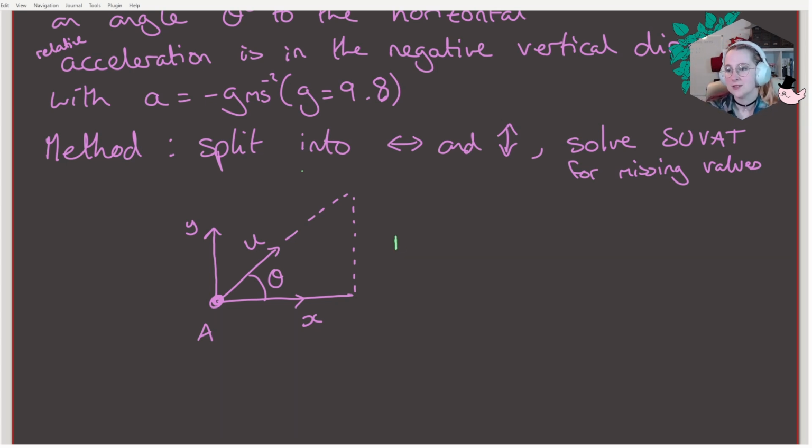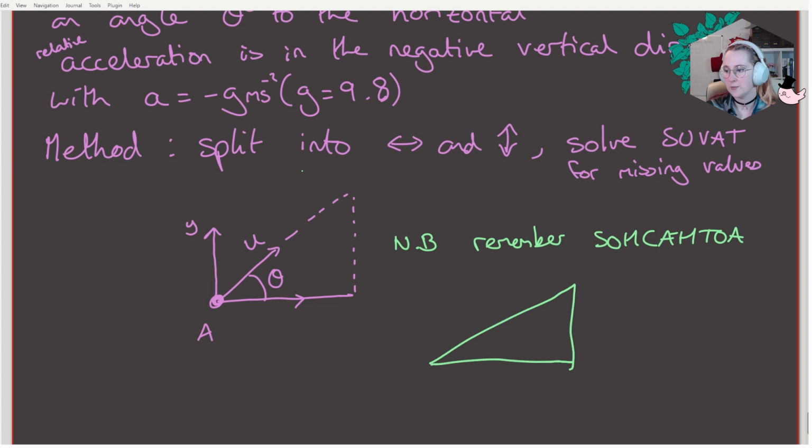Okay, so the horizontal and vertical components of U are precisely the sides of these triangles, right? If you remember your right angle triangles and you've got angle theta, then this length is U because our vectors, we draw them as lines with magnitude.